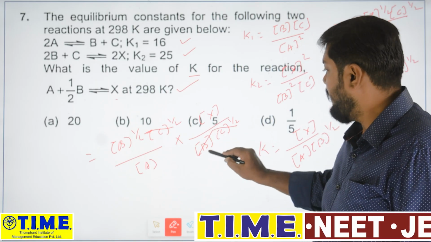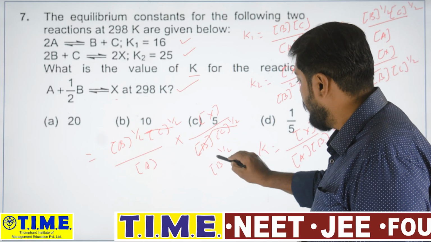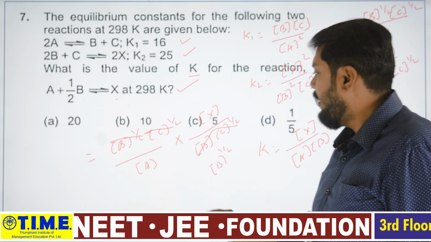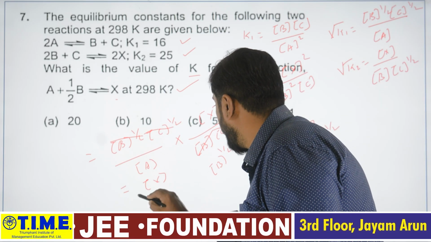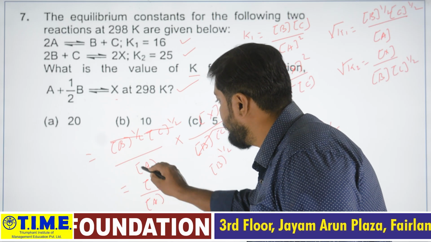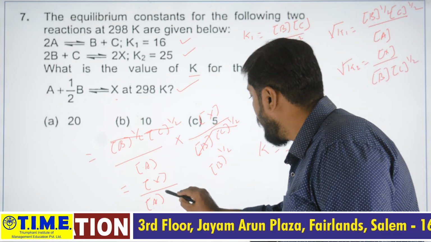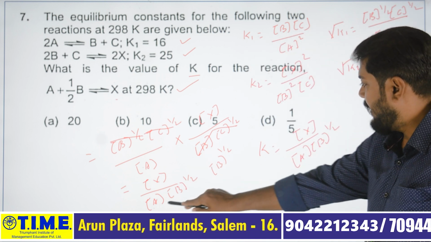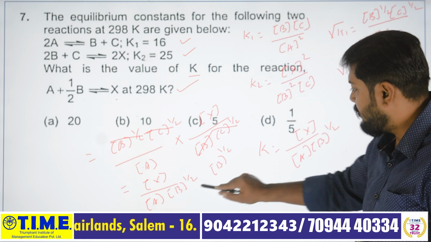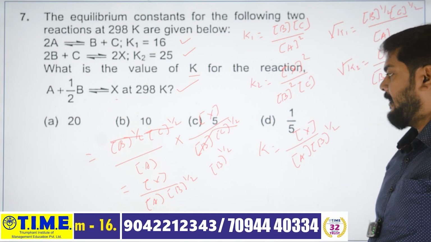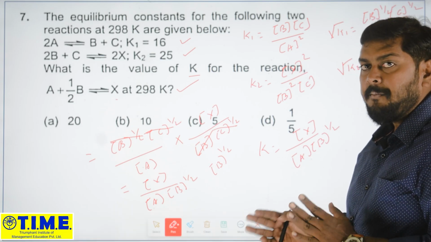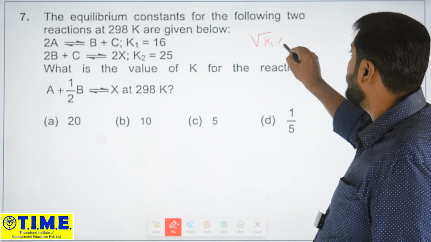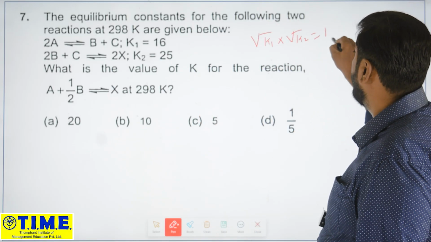In B, there will be a half, that is the root of concentration of B power half, and this cancels. So you will have the concentration of X divided by the concentration of A into concentration of B power half, which is nothing but your K. So we have got a relation between these: root of K1 into root of K2 is equal to K.